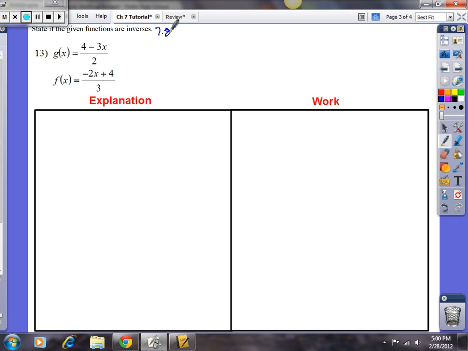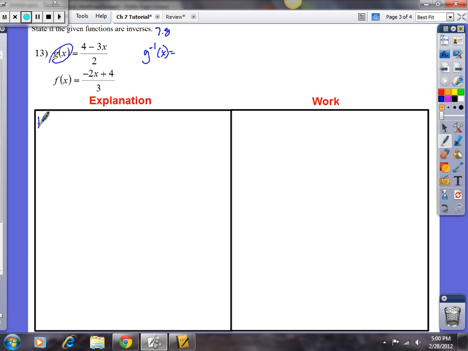Probably the best way to do it, and the fastest, is to take one of them, and it doesn't look like either one is going to be much easier than the other. So if I choose g of x and find the inverse of g of x, and if that happens to be the same function as f of x, then the answer is yes, they are inverses.